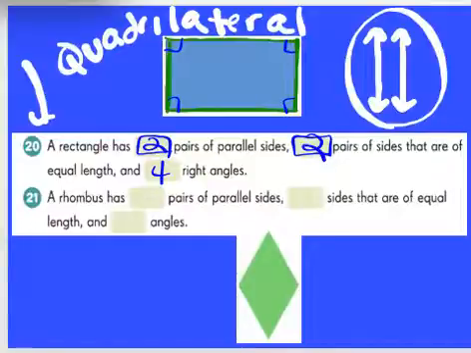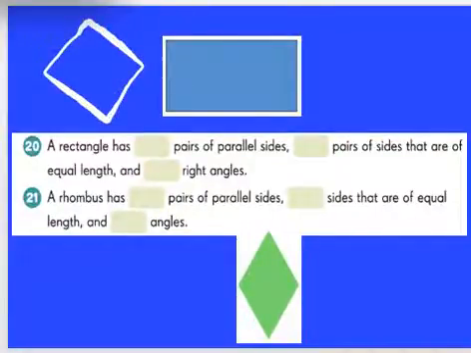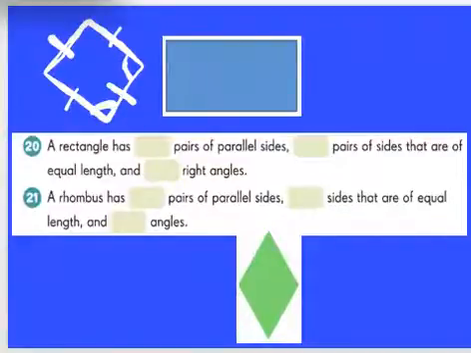Okay, so let's think about rhombus. If you remember, a rhombus sort of looks like a square, however, it does not have right angles at all. It does have 4 sides that are of equal length, the way that a square does, and it does have 4 angles, but they are all what we call obtuse angles. They're bigger than 90 degrees, and they are not right angles.